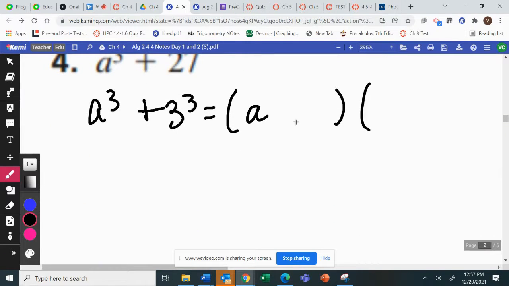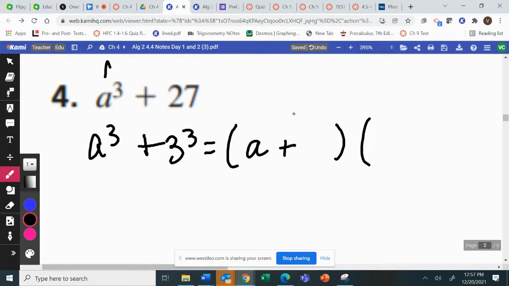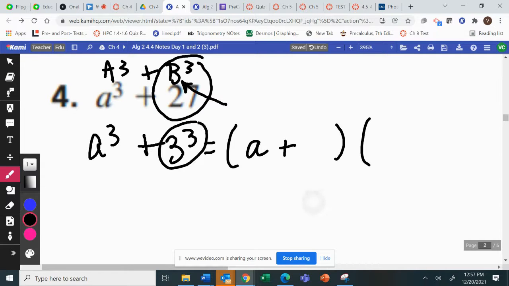A. What's B? What is B? Nope, that's B to the third. This is A to the third plus B to the third. So then we wrote it as A to the third plus 3 to the third. What is B? 3 to the third is 27.